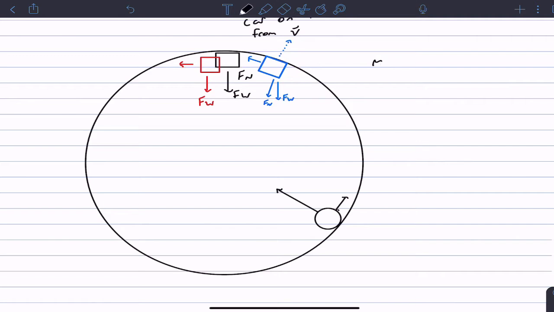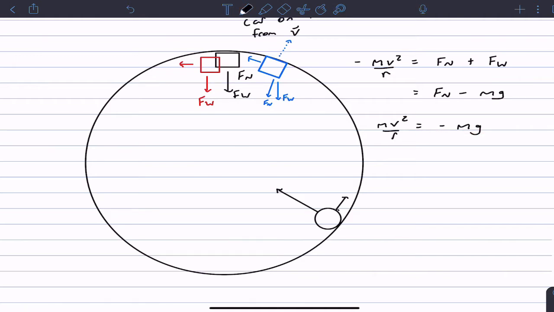It's always the sum of the normal force and the weight force in a situation like this. But now we just want it to equal mg. Because this is going to give us the minimum speed at which this thing can actually go through.